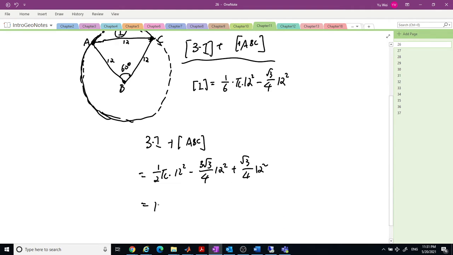If you take out the 12 squared, we have pi over 2 minus root 3 over 2. So this is the answer.